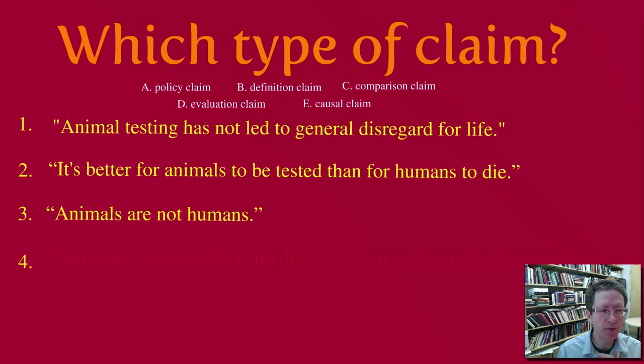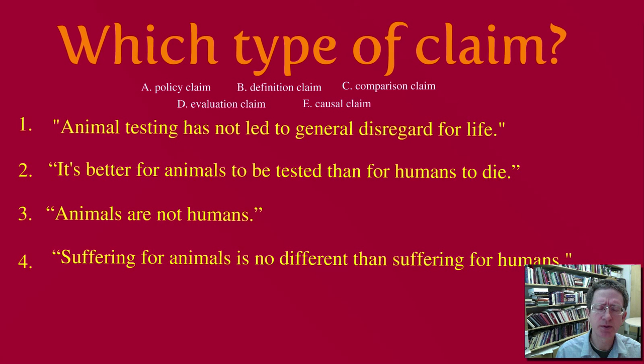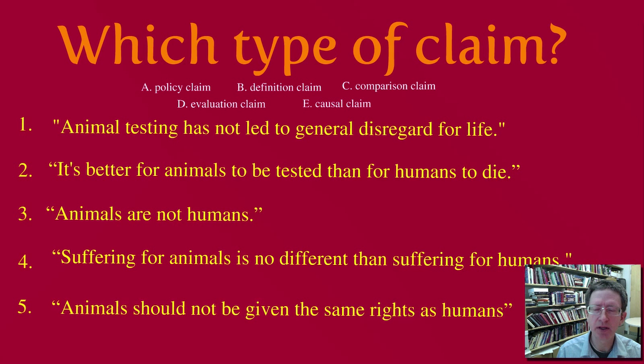Okay, number 4, suffering for animals is no different than suffering for humans. What do you think? Finally, number 5, animals should not be given the same rights as humans. Which type of claim could that be?